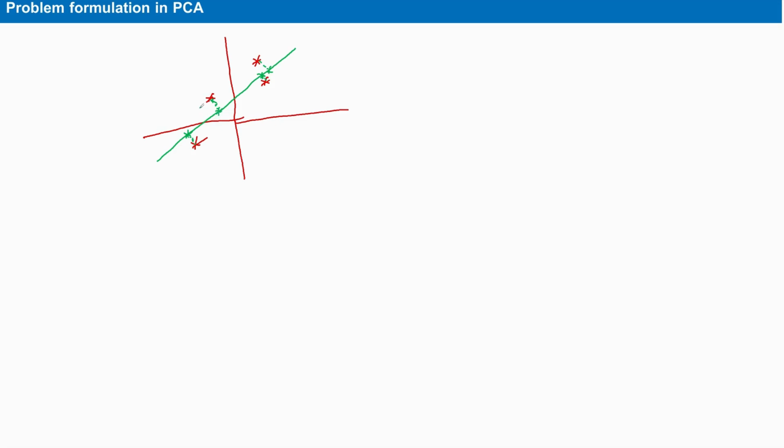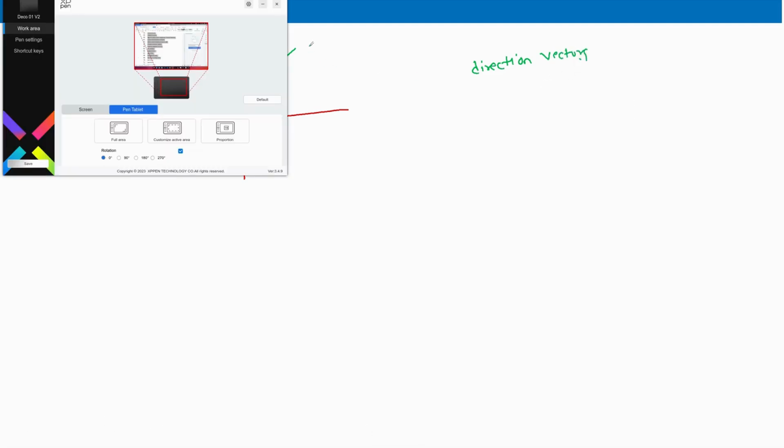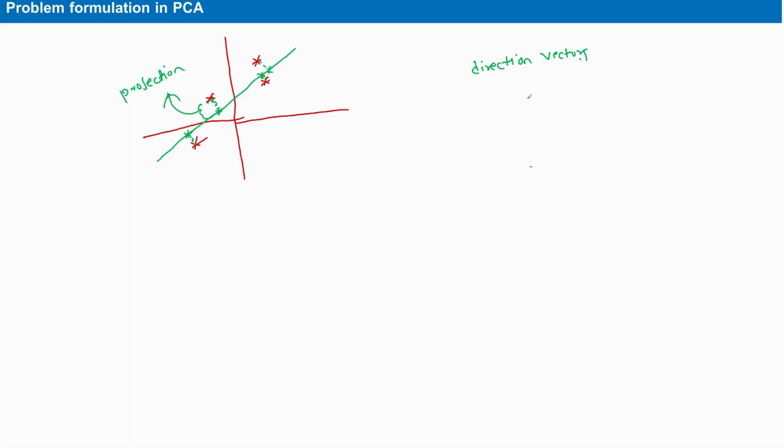This squared error between the actual and the projected data point is called the projection error. So the objective of principal component analysis is to find such direction vectors. This line or plane is nothing but the direction vectors, which are denoted by u.